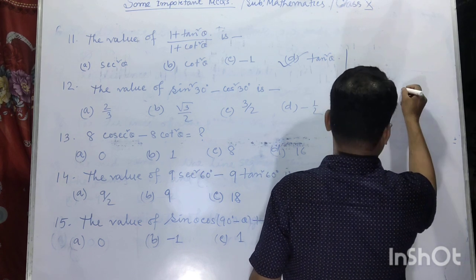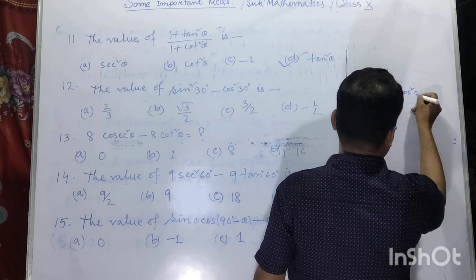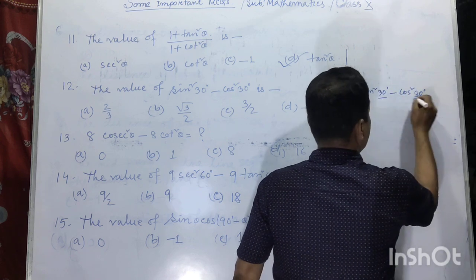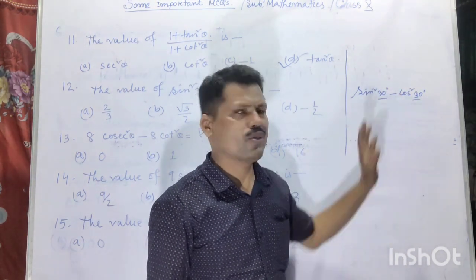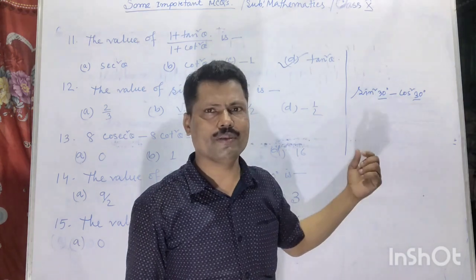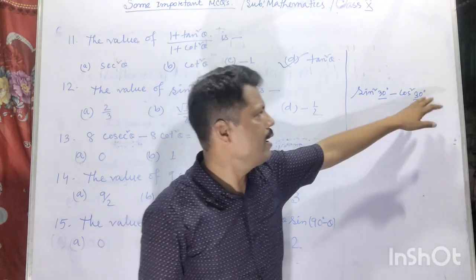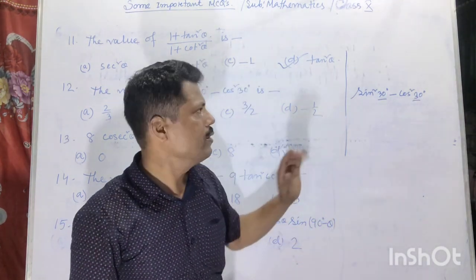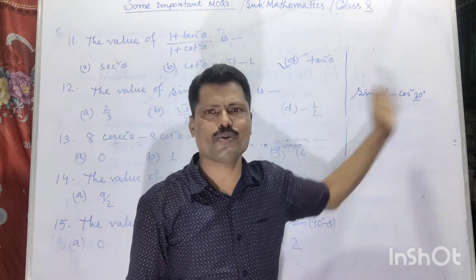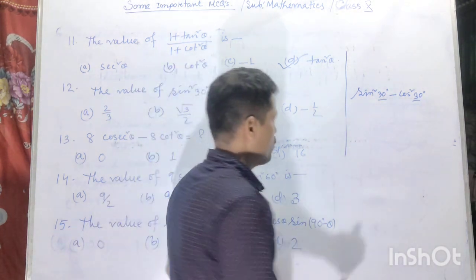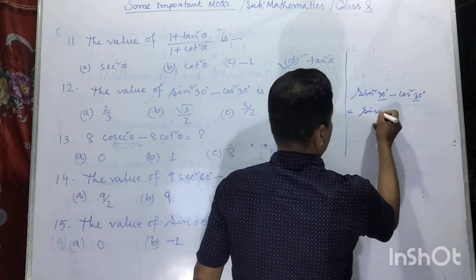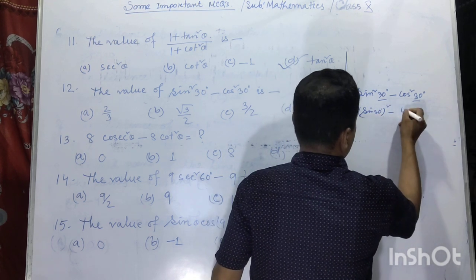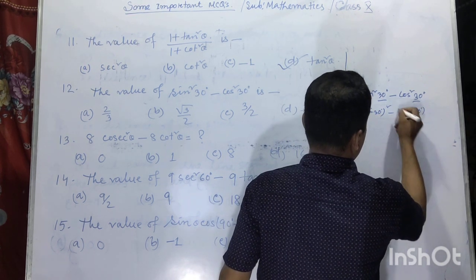Here the theta value, that is the angle value, is 30 degree. So sin square 30 degree minus cos square 30 degree. So we do sin 30 degree whole square minus cos 30 degree whole square.